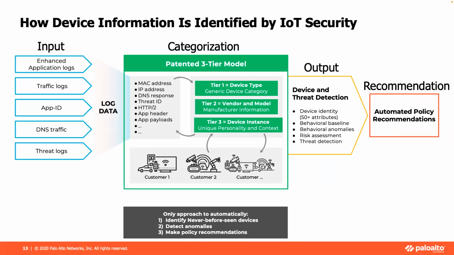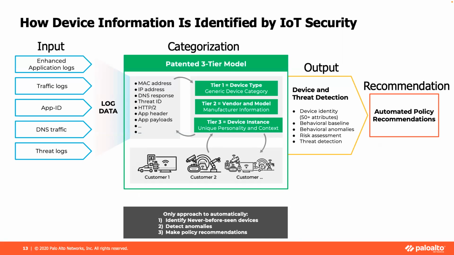And go, oh, this is new. This company is using a new security camera we've never seen before from this new provider we've never seen before. We can report that information into the cloud and go, hey, Palo Alto Networks, what is this device and what are its vulnerabilities based on what it is? We can look that up for you.